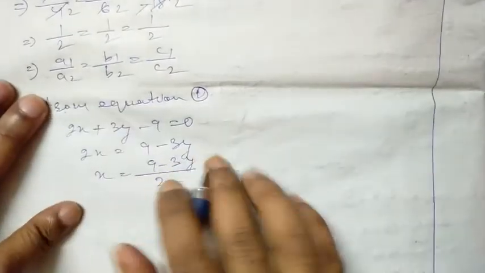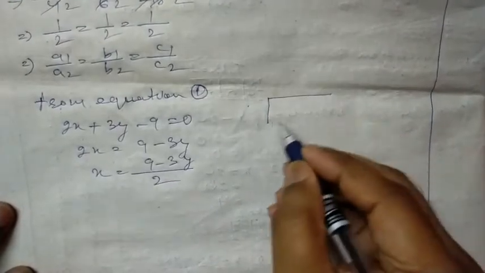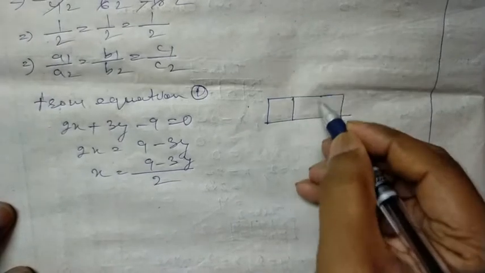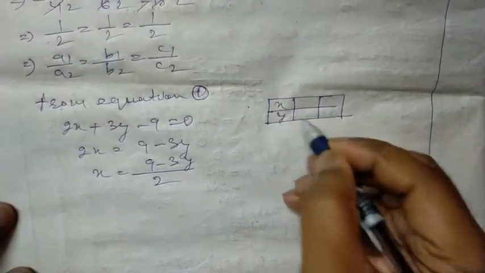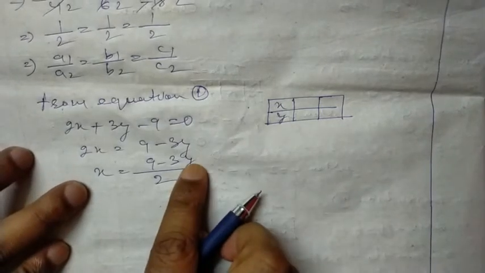So we have to make the table of x and y. When we take the value of y, we will get the value of x.